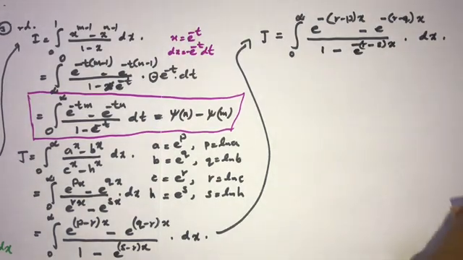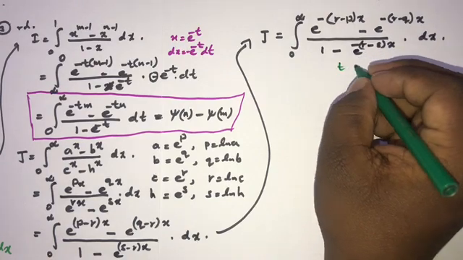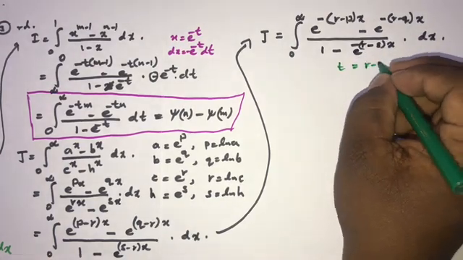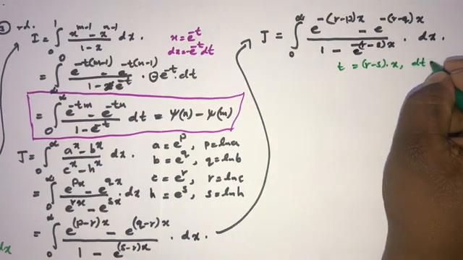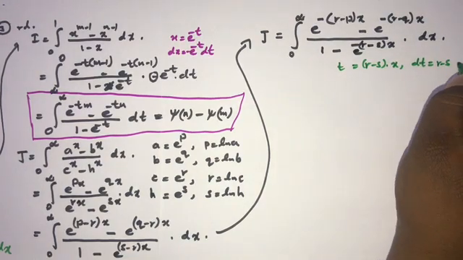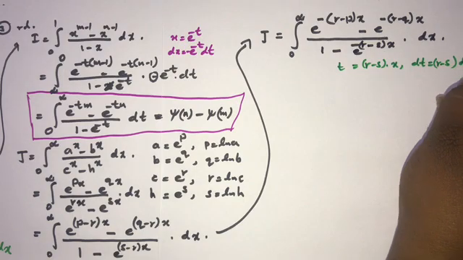Okay, now we can use again substitution. So if we take t is equal to r minus s times x, then we know dt is equal to r minus s dx.